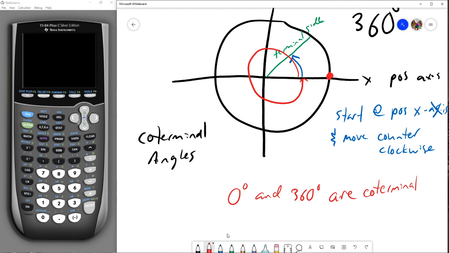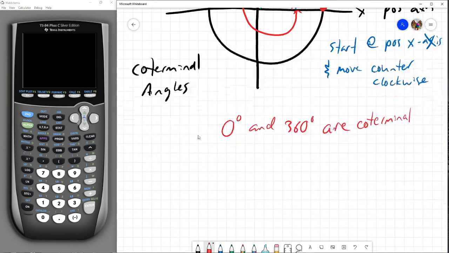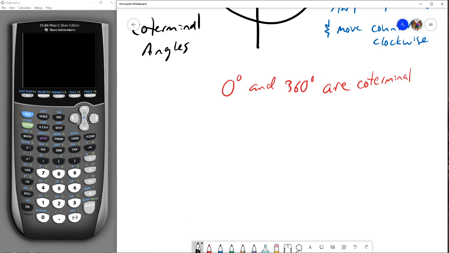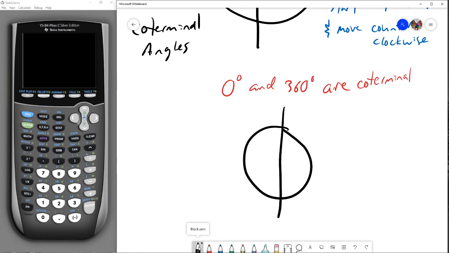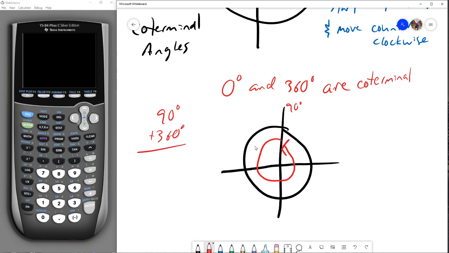So another example is, let's go ahead and scoot down. We'll draw another circle and axis here. If we happen to choose to start, say, at 90 degrees, and we wanted to imagine what would happen if we went all the way around here? Well, 90 degrees plus 360 degrees gives us 450 degrees.